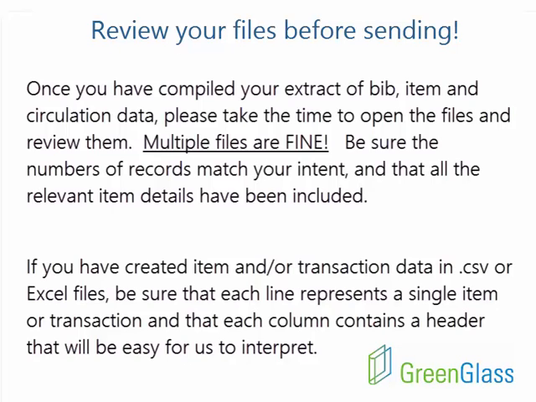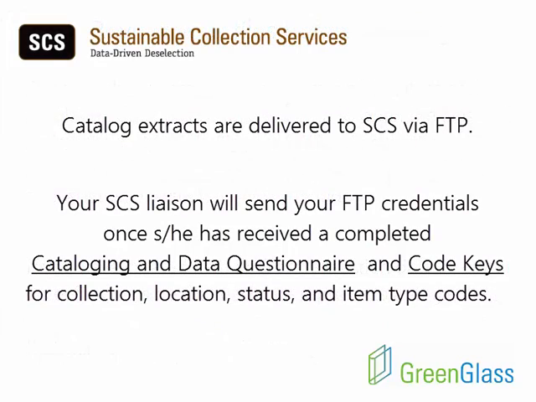If you have created item and/or transaction data in .csv or Excel files, be sure that each line represents a single item and that each column contains a header that will be easy for us to interpret. Once everything looks as it should, deliver it to us via FTP. Then send an email to your SCS liaison, which includes a description of the files you sent, along with numbers of bib and item records.